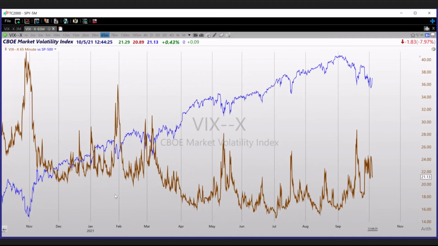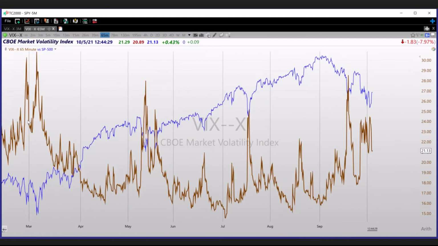And you can see here that, again, we get these spikes that take place, spikes in the VIX with lows in the market. Big spike there. It's really interesting because the pattern is very similar as the daily chart, but on this one, that high in September, in mid-September, actually did take out the previous high in May.